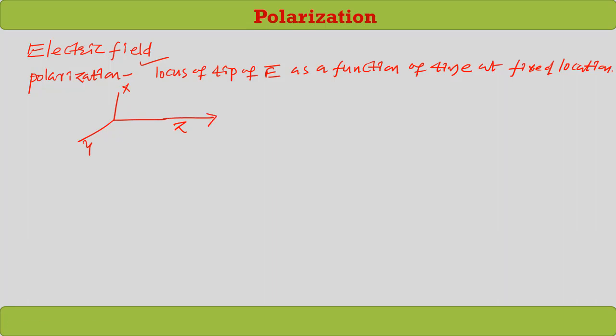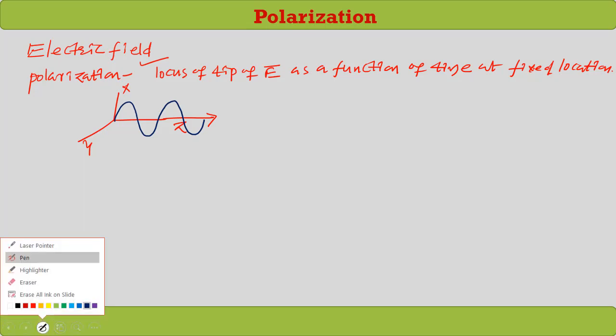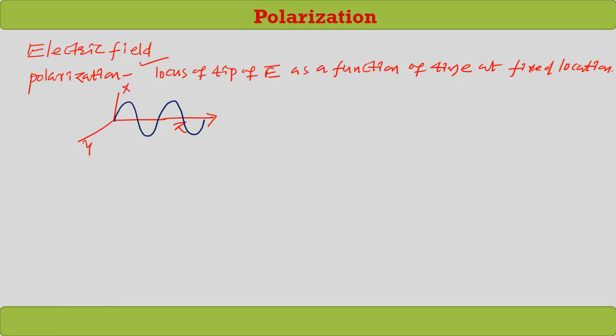So if you take the electric field is like this, and magnetic field is like this, and the wave is traveling in the z direction.